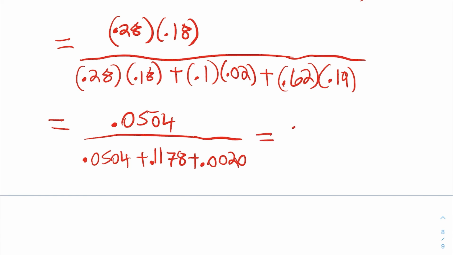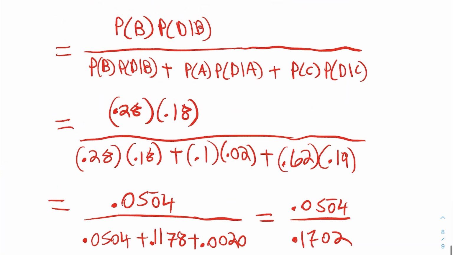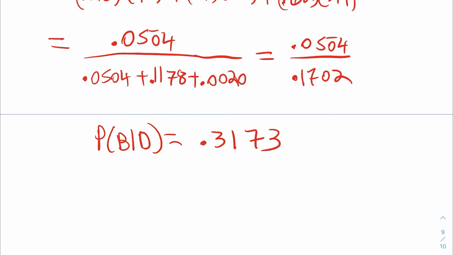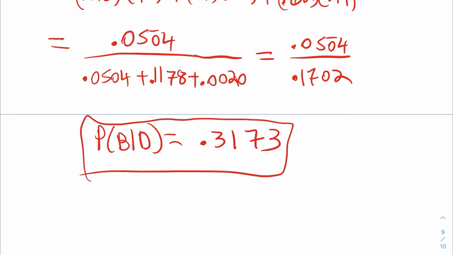Adding those all up, we get the denominator to be 0.1702, and my final answer for the probability of B given D is equal to 0.3173. And that's how we use the Bayes' theorem formula.